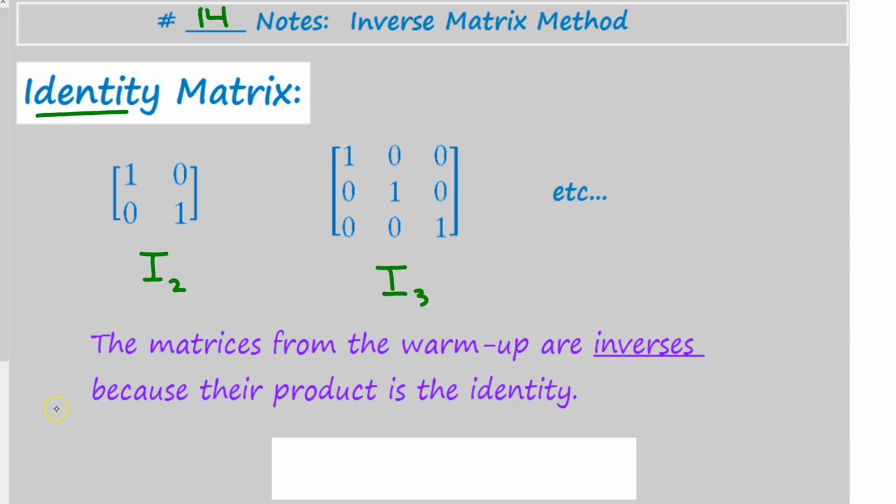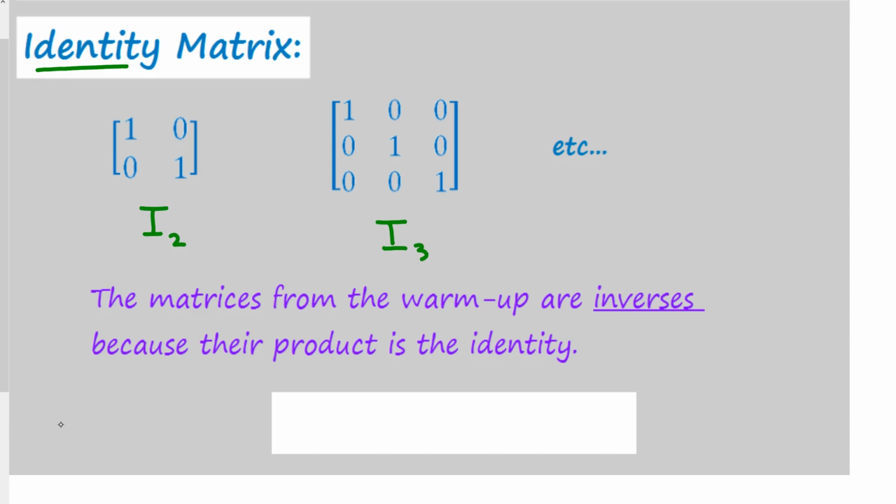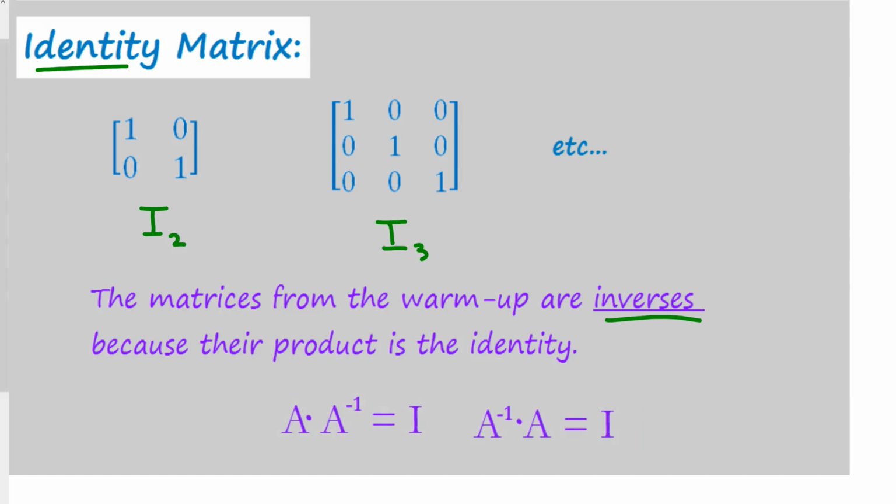So in the warm-up, before we started the notes, we saw that there were a couple of matrices that we multiplied to give us the identity. So we would say that those matrices are inverses of each other because their product is the identity. And here's how we can write it. If you have matrix A, the notation for its inverse looks like A to the negative 1 power.